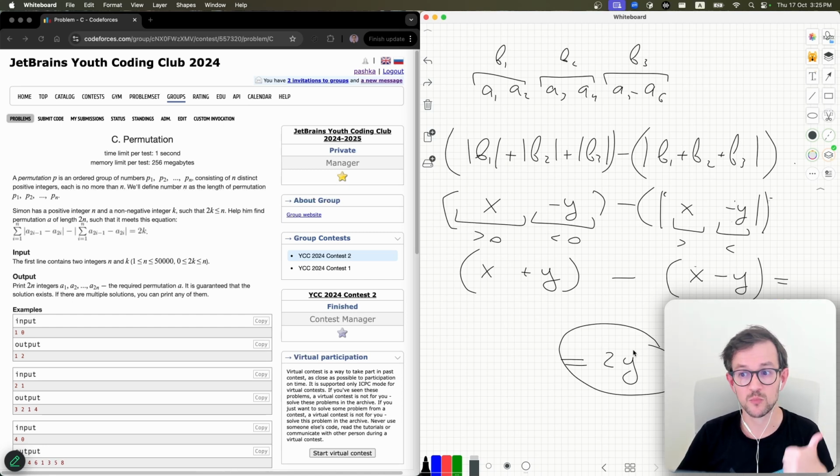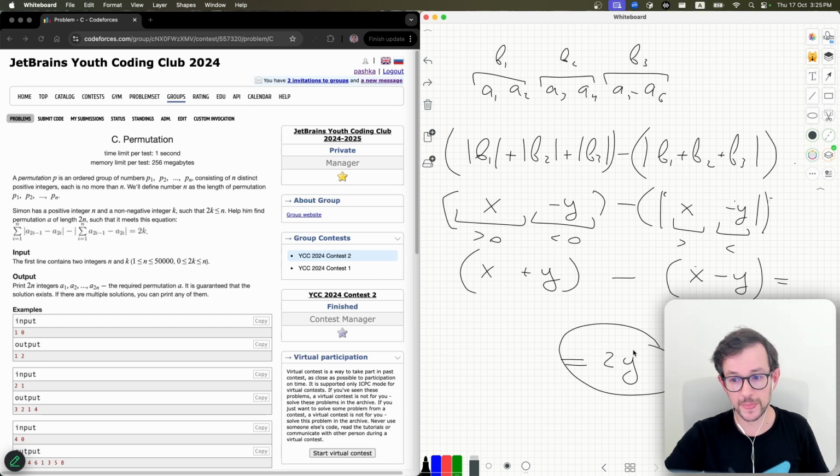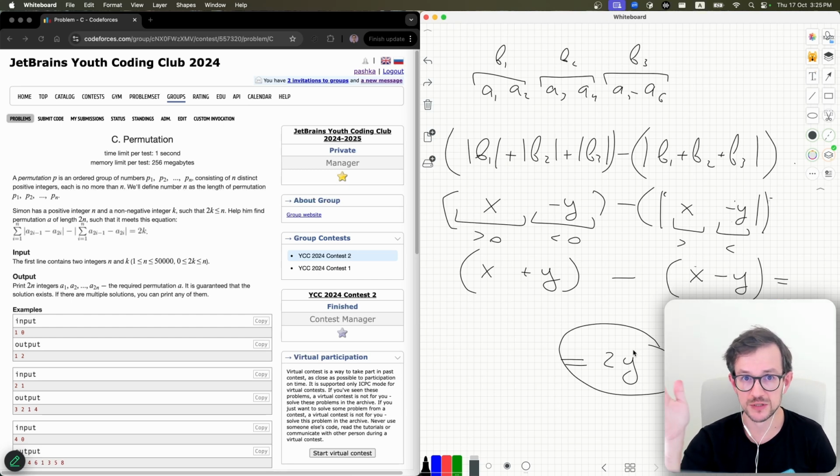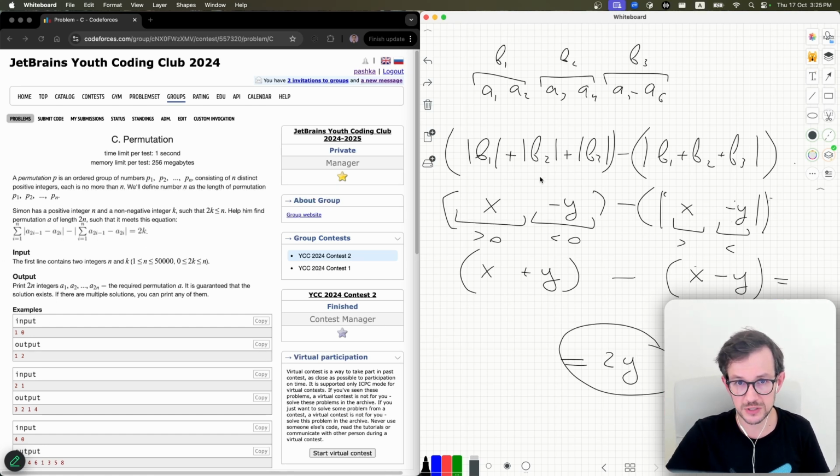Now let's move back to the problem. I'm still far from solving the problem. Right now I just play with the formula to understand how this formula works. Now we need to go back. So now we understand how this formula works. In this formula, we care about positive and negative values. We have some elements positive, some elements negative.